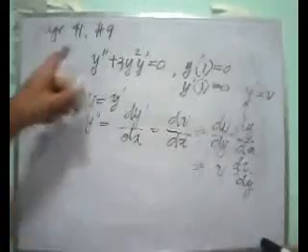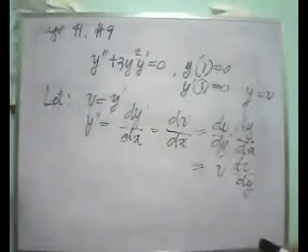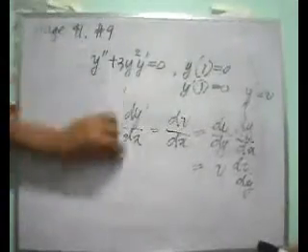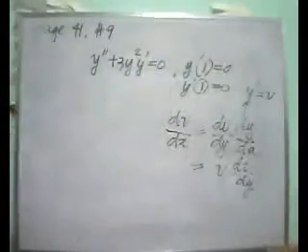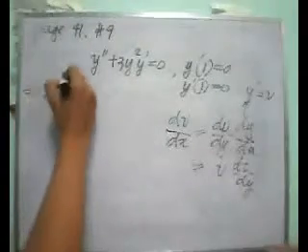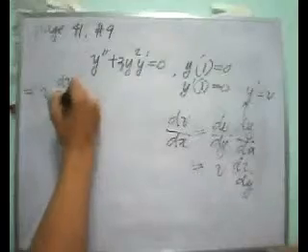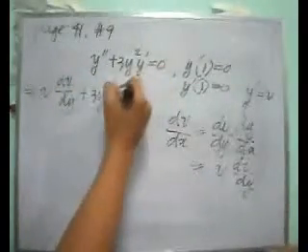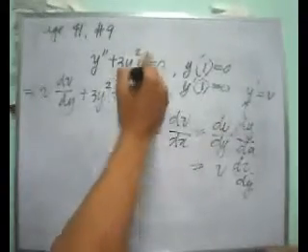Now we can make the appropriate substitution and solve the second order differential equation. Okay, so let's start. We have y double prime is equal to v dv over dy plus 3y squared, and y prime is equal to v, equated to 0.